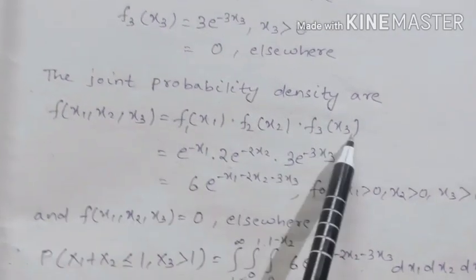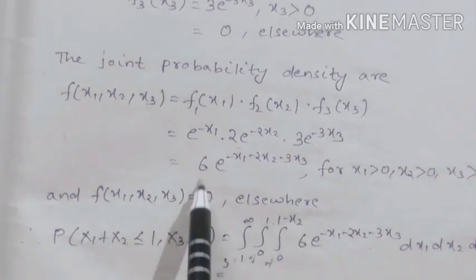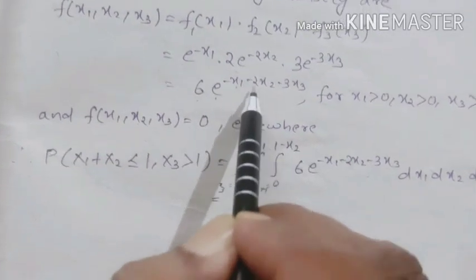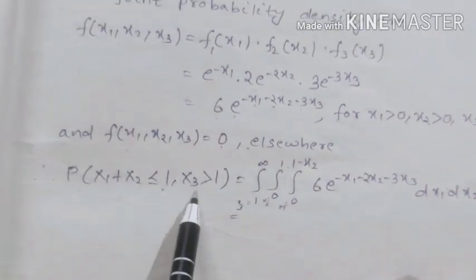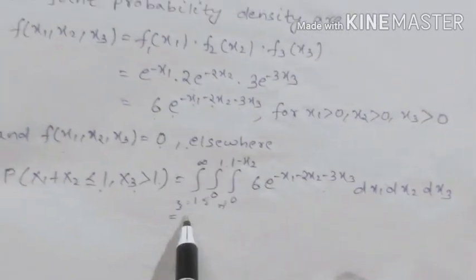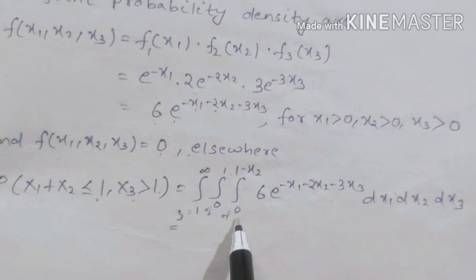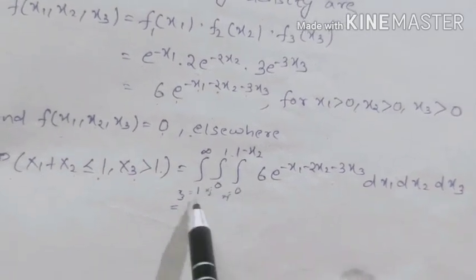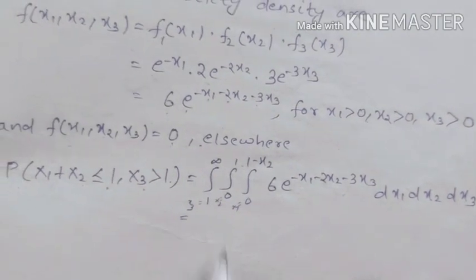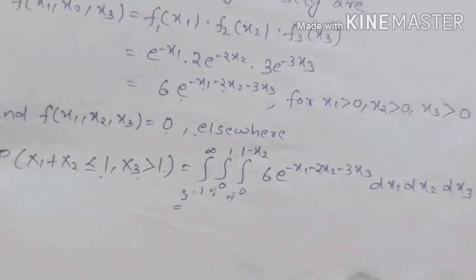We multiply, and after multiplication we get 6 e to the power minus x1 minus 2 x2 minus 3 x3, and it is 0 otherwise. For P of x1 plus x2 less than or equal to 1 and x3 greater than 1, x1 goes from 0 to 1 minus x2, x2 goes from 0 to 1, and x3 goes from 1 to infinity. In a similar way you have to find the integration.